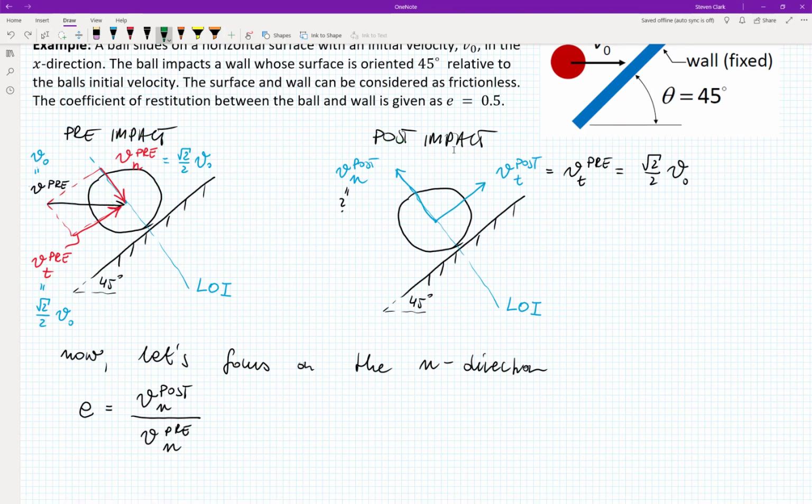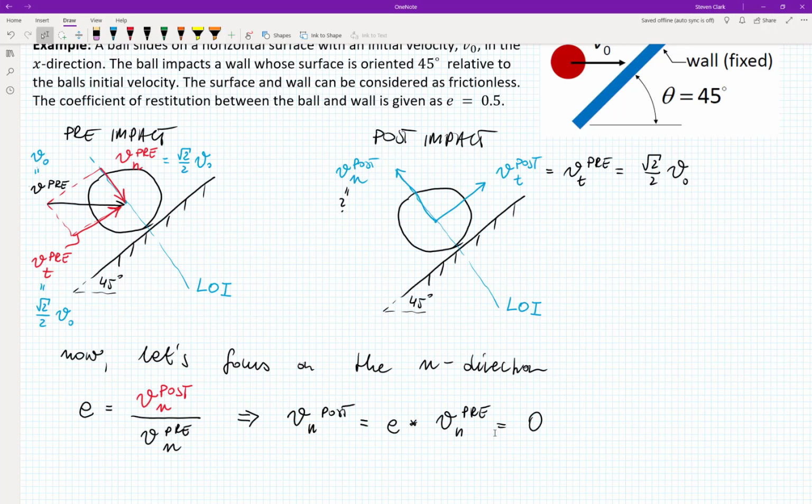Okay, and I think that the problem is done, because in here we have only one unknown. This is the only unknown we have in here. So our V n post is just e times V n pre.